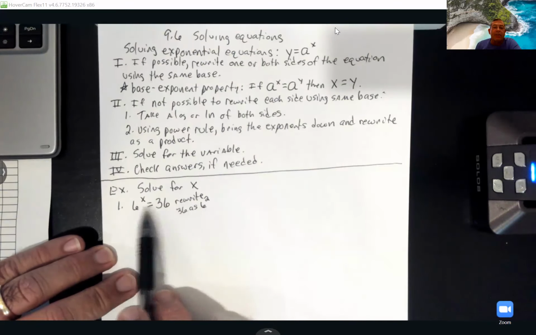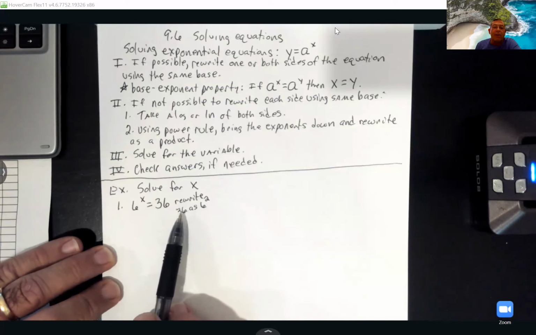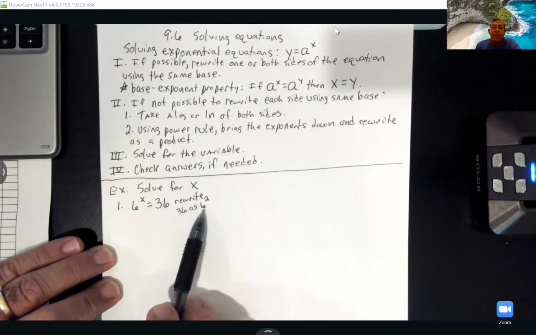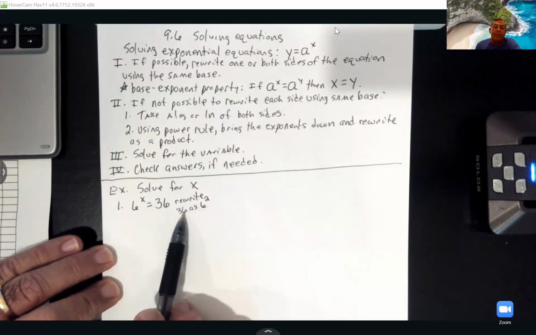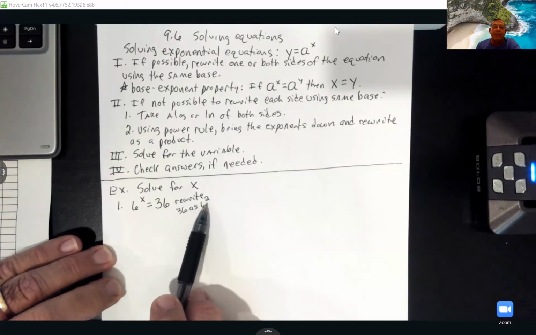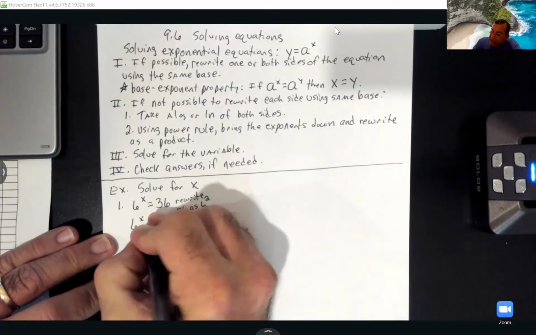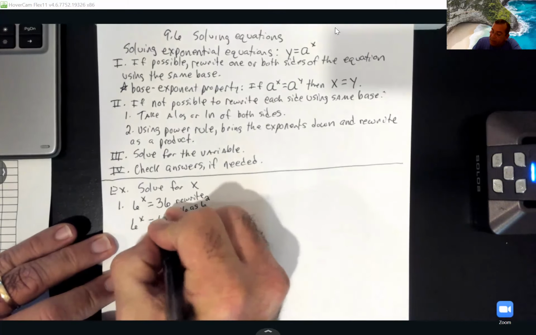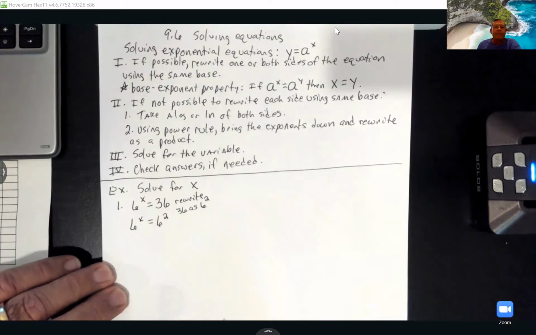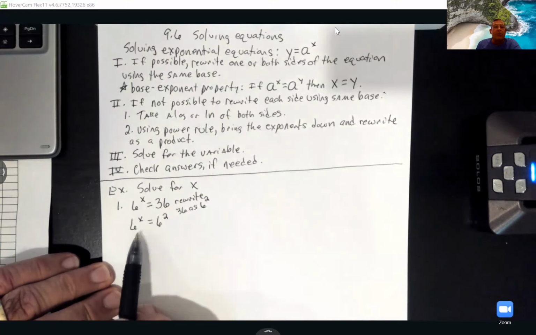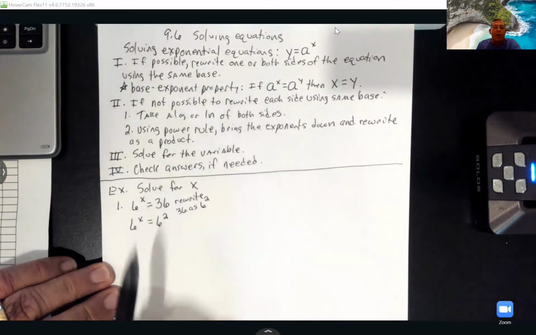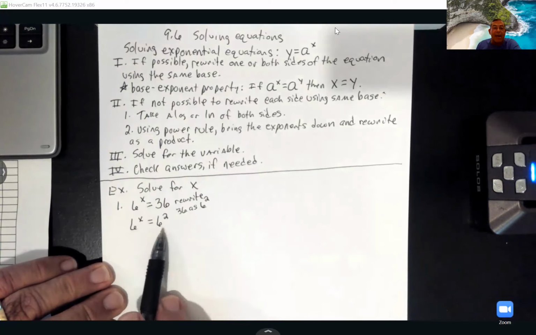So that's what I'm talking about, writing the same base. Okay, I had a 6 over here, so I wanted to rewrite my 36 using a 6 if I could. You know, 6 times 6 is 36, so I'm going to write that as 6 squared. So putting that in, I now have 6 to the x equals 6 squared. So notice, I can invoke the base exponent property because my bases match.